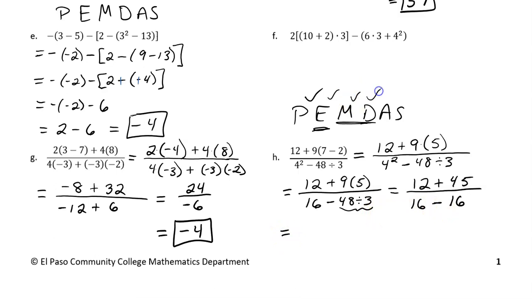Multiplication, division, done and done. Now we go to addition, subtraction. Right? Addition on top, subtraction on the bottom, and then we'll go back and do one more division. So maybe I shouldn't delete that. Shouldn't check that yet. All right, let's see what we get up top. 12 plus 45 gives me a 57. 16 minus 16 gives me a 0.